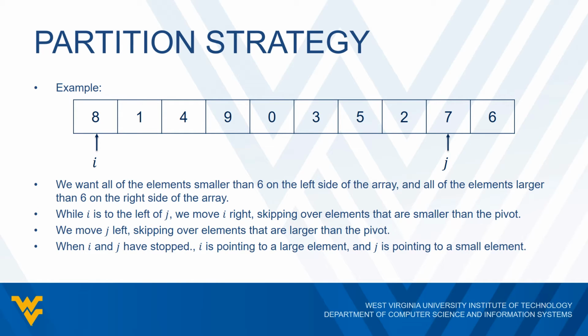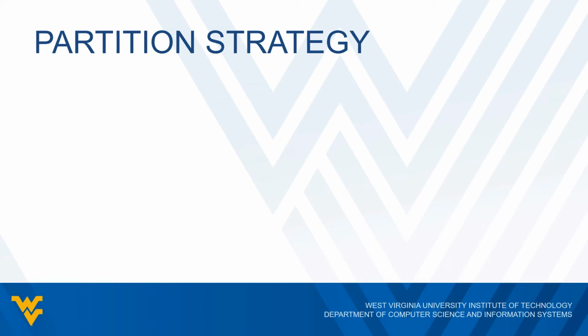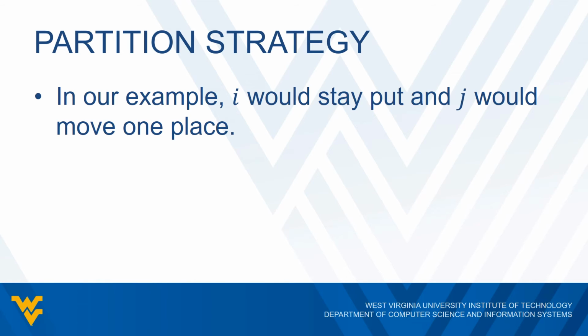So what happens here is, if i is to the left of j, then we just need to swap those elements. After we do that, the element that was at j is now at i, and the element that was at i is now at j. So now those two elements are in the correct places in the array. If we use our example from before, i would stay right where it's at, because 8 was larger than 6, so we're not going to move i anymore.